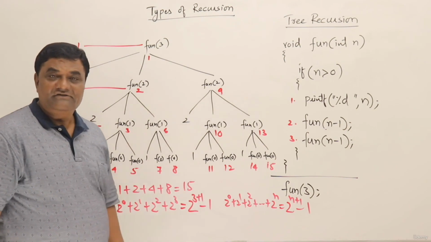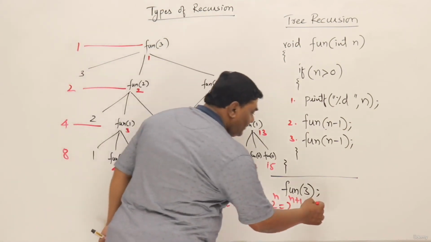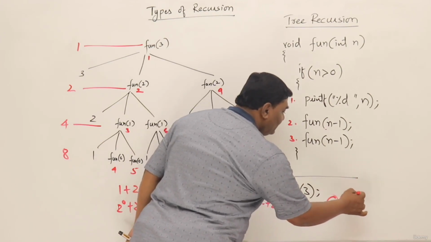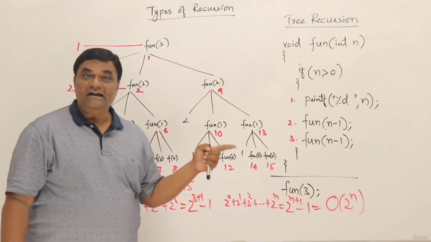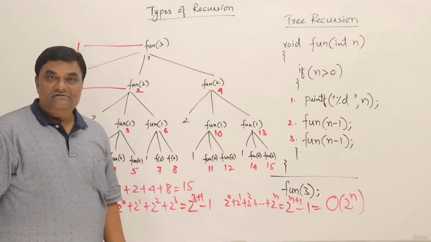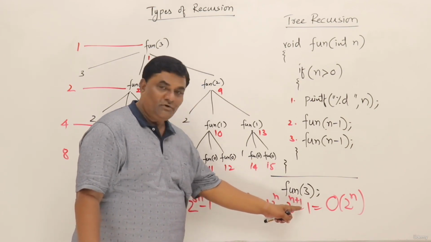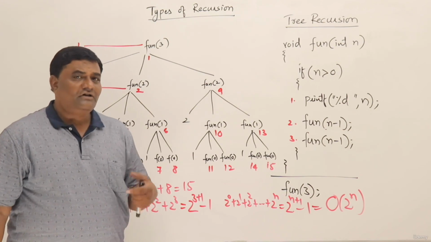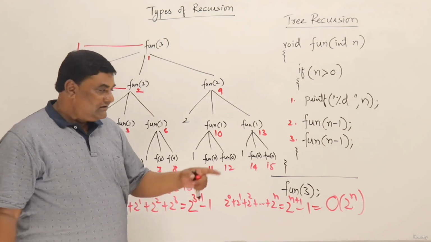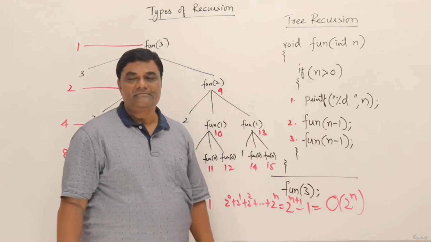So that many calls it will make. So what is that equal to? This is order of 2 power n. So a total of 2 power n calls are made. If I substitute the value of 3 here, 2 power 3 plus 1, that is 2 power 4 minus 1, that is 16 minus 1, which is 15. So for any value of n, the number of calls will be order of 2 power n.